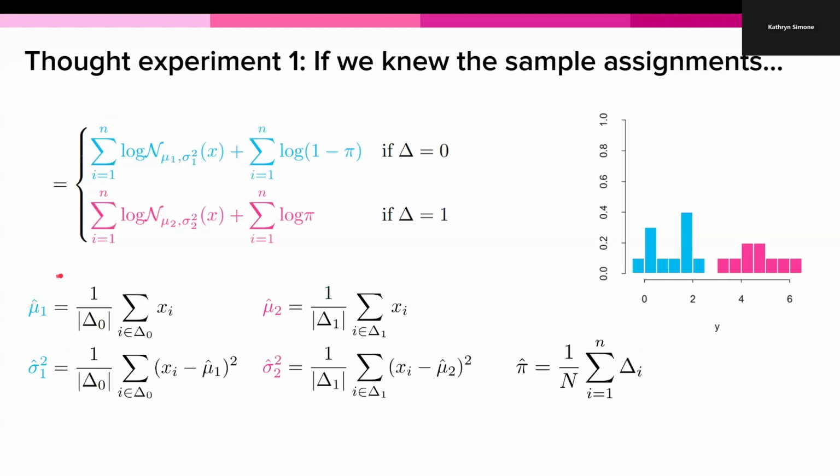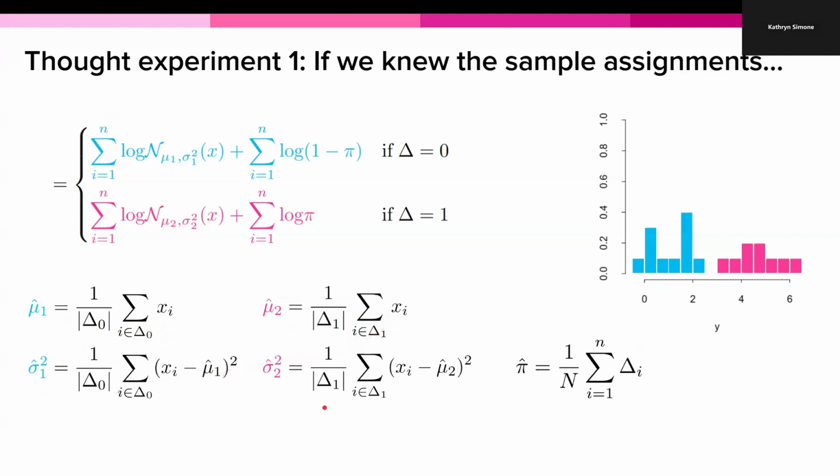So for the first mode, we would compute the mean by summing all the points with delta equal to 0 and dividing by the number of those points. So the first mean, we're just going to add up all of the points that belong to the set for which delta is 0. And then once we have that mean, we're in a position to calculate the variance of the first mode. And then for the second mode, we do the same for the points with delta equal to 1.